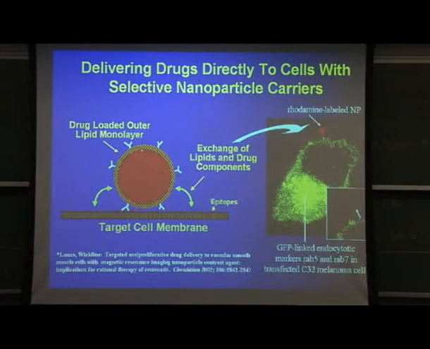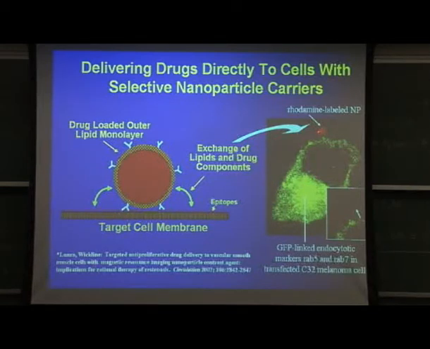And so you can see what happens here. If we've labeled this particle with rhodamine, which is a fluorescent dye, we made it turn red, you can see this streaming off of red labeled lipids going into the membrane of the cell, which has been transfected with green fluorescent protein, which is linked to endocytotic markers, Rab5 and Rab7. You can't see this in here, but this is stippled red inside here, not contained within any endosomes.